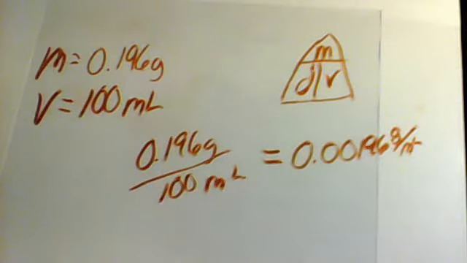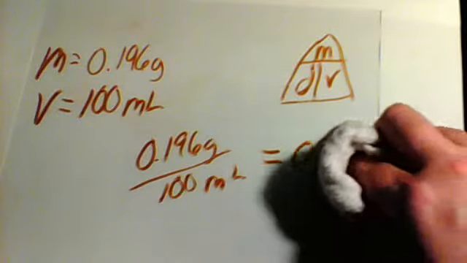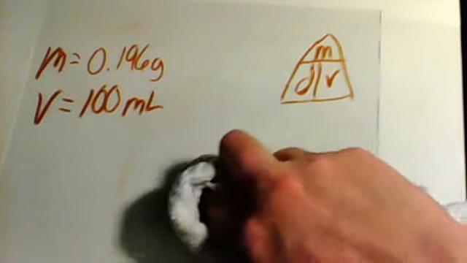So I'm going to clean off this board, and then I am going to work out problem number 2 for you as well. Problem number 2 gives you a different type of volume, and because of that, I want to make sure you are fully aware of how to work one of those problems out. So problem number 2 on our worksheet says we have a block of wood that is 3 centimeters on each side.